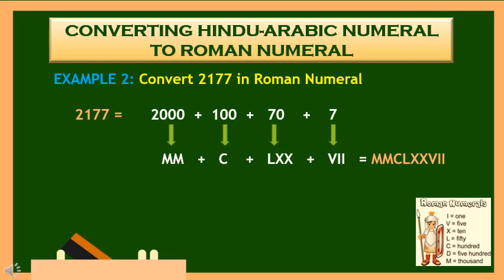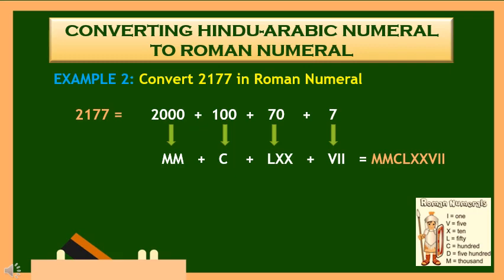Now write down Roman numeral for 2000. Roman numeral for 2000 is MM. For 100 it is C. For 70 it is 50 plus 20, that is LXX. Roman numeral for 7 is VII.